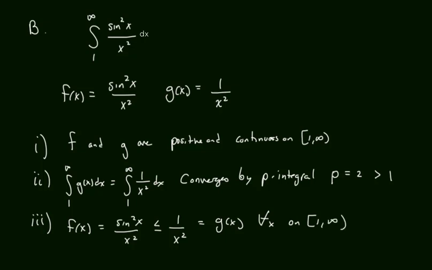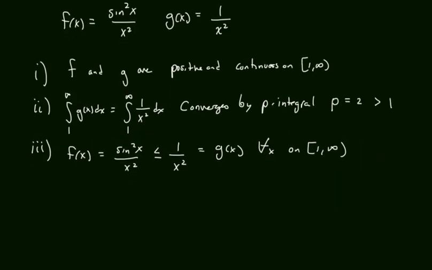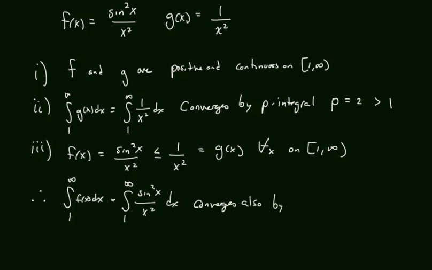It may be true other places, but we want to specify the interval. And finally, therefore, we have another conclusive result. So the integral from 1 to infinity of f of x dx equals the integral from 1 to infinity sine squared x over x squared dx converges also by the direct comparison test.